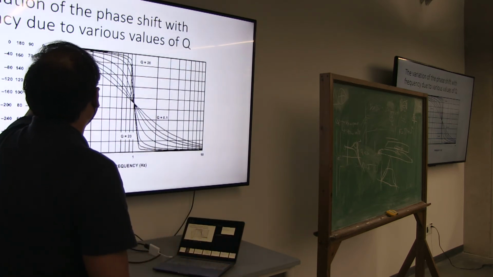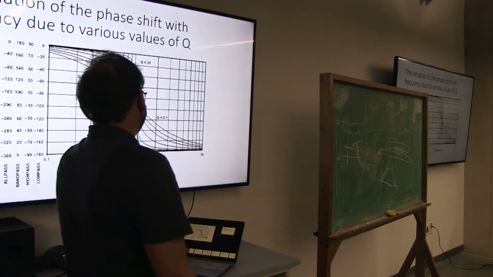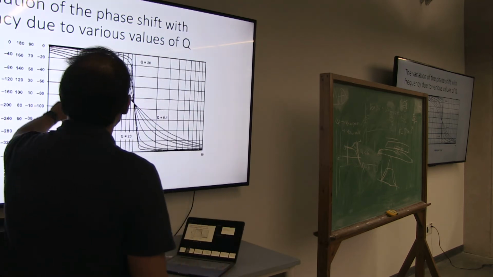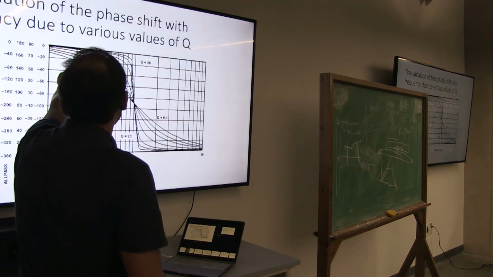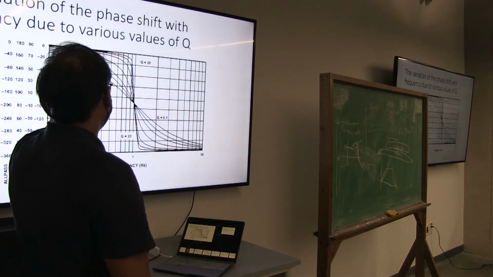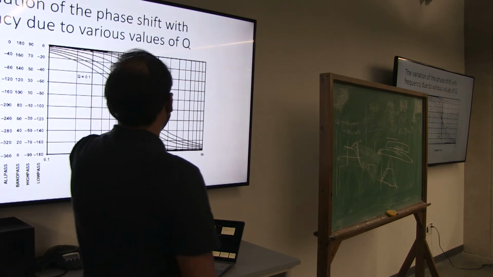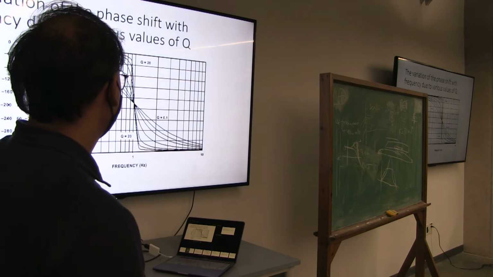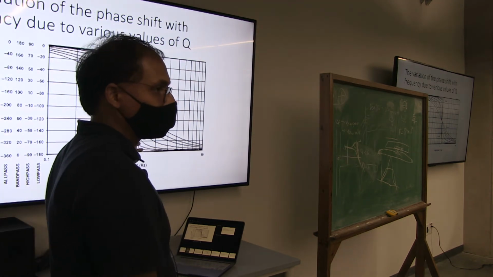At a frequency of 1, for example, say our cutoff frequency, the phase shift is already changing by say minus 20 degrees for a very low Q filter, but as the quality of the filter improves, the phase shift is almost 0 till the cutoff frequency.